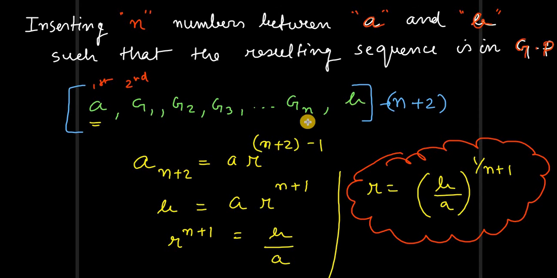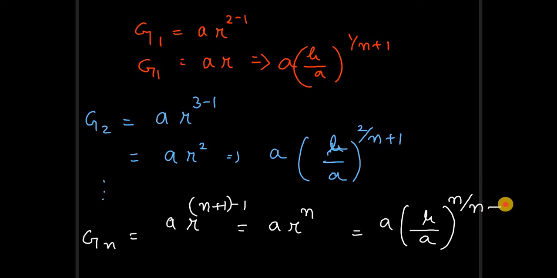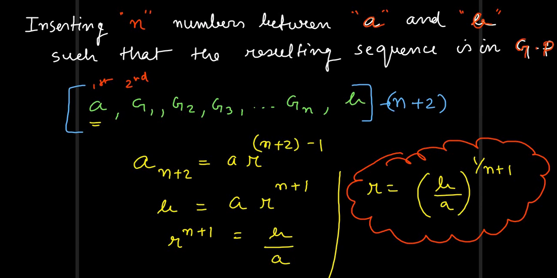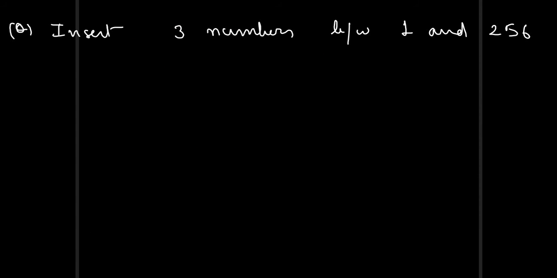Now gn is the n plus 1th term of our sequence, so that will be n plus 1 minus 1, which becomes a r to the power n, and further we can write it as a times b by a to the power n by n plus 1. So that is our sequence, that is a, then g1 as a into b by a to the power 1 by n plus 1, and so on.